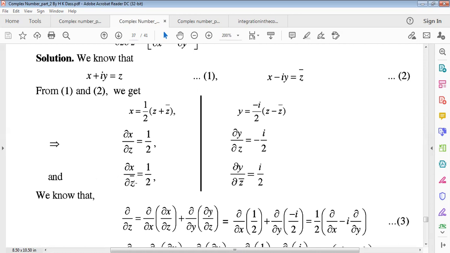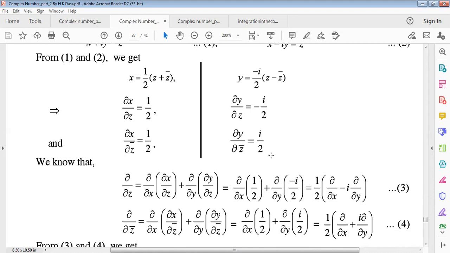Again with respect to z bar, the complex conjugate of z, del x by del z bar is only half, and similarly del y by del z bar equals i by 2. Minus minus will be cancelled, so only i by 2.